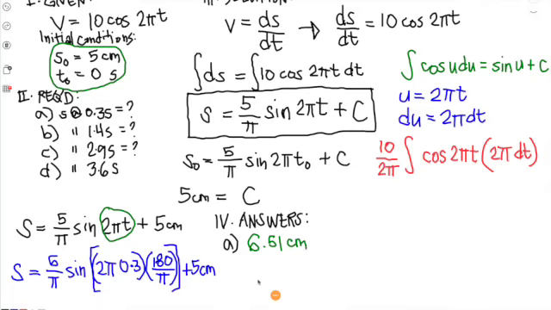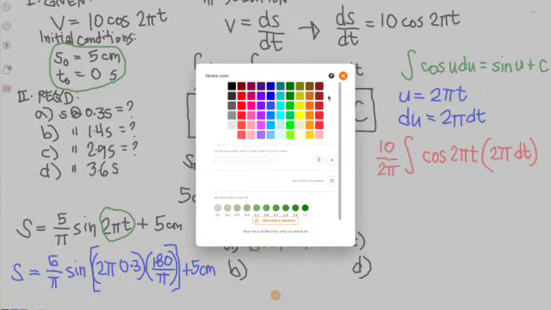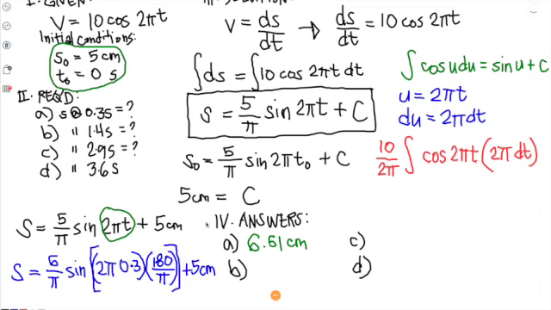So doing all this again for 1.4 seconds for B, C, and D, we got at 1.4 seconds, the position is 5.94. If you notice, it somehow went back, right?